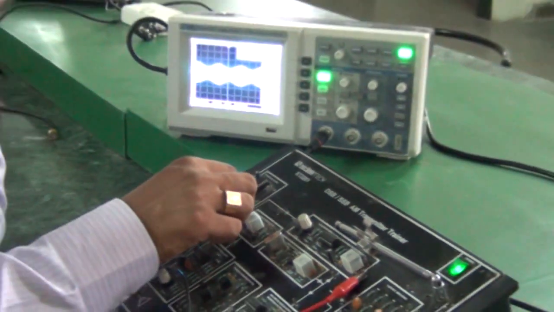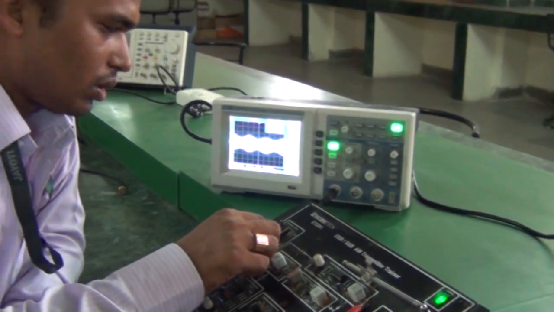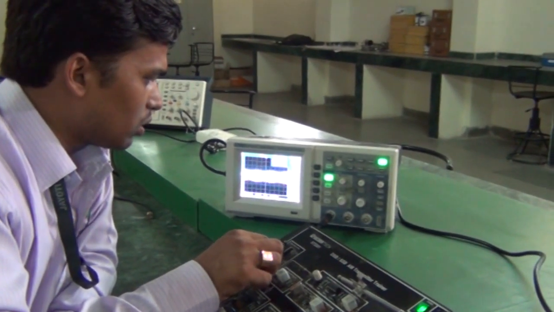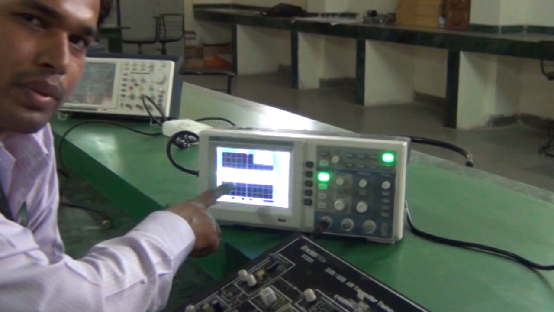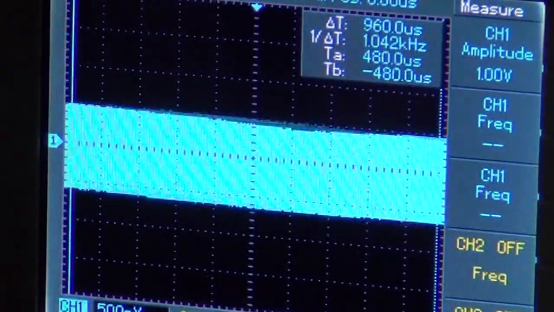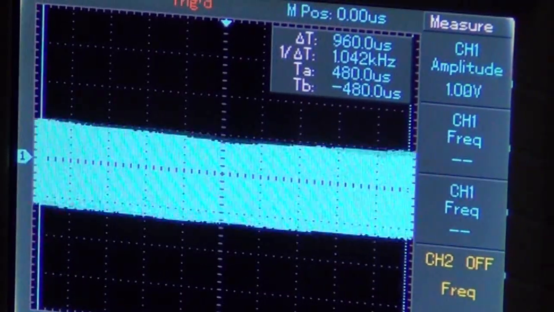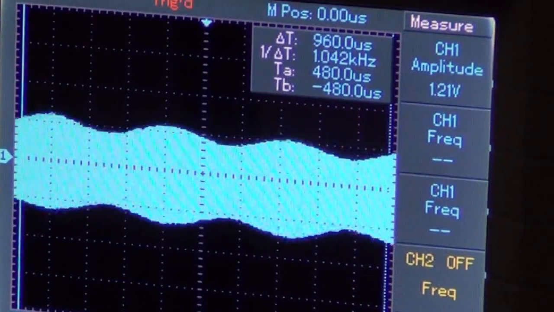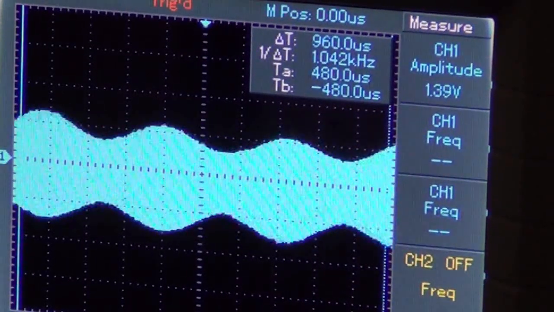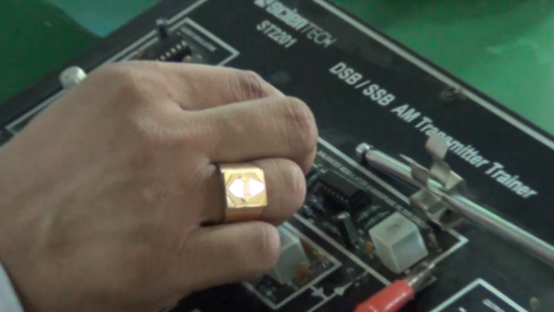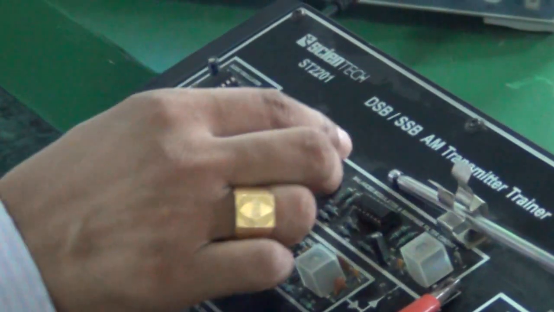So Am, the numerator, is going to decrease, and therefore the modulation index will decrease. If it is 0, you will get the carrier signal as it is, with 0 modulation. If you increase the amplitude of the modulating signal, there will be modulation and the waveform will show like this. In the same way, if you change the amplitude of the carrier signal, the envelope will show like this.